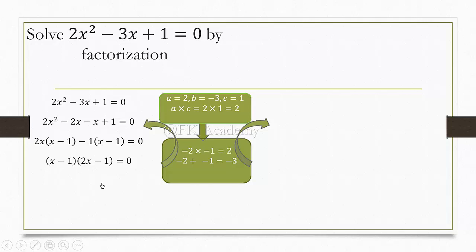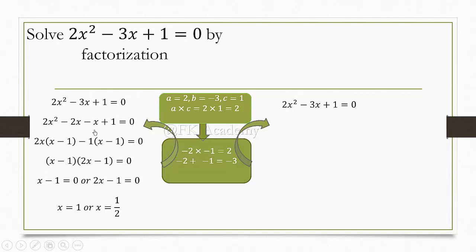So we now use the zero product property. Either this equals 0 or this equals 0, or both. So we have x minus 1 equals 0, or 2x minus 1 equals 0. That will give us x equal 1 or x equal half.